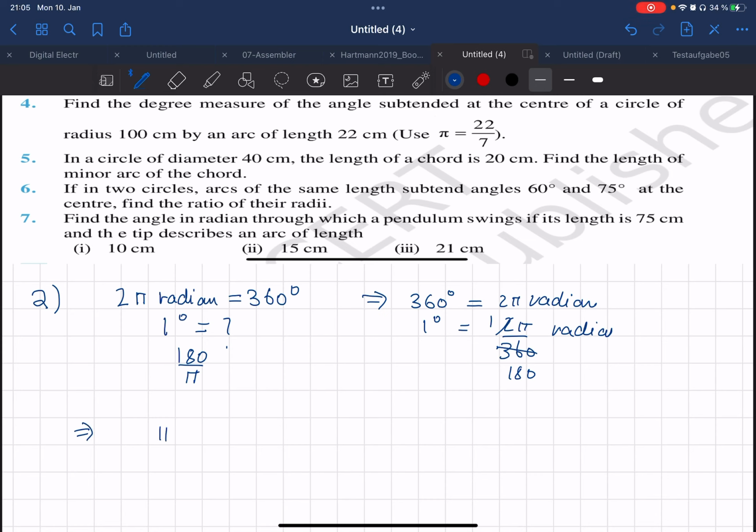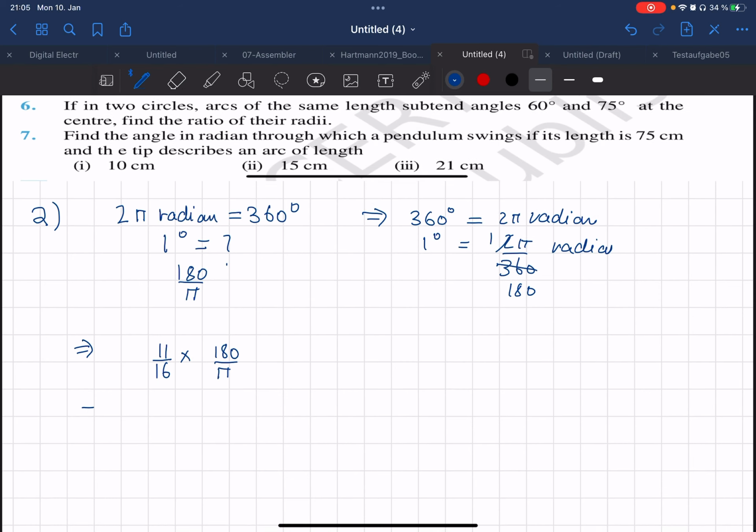So 11 upon 16 radian. I'll just multiply it by 180 upon pi, and then pi is 22 by 7, it's given to us. 11 on 16 into 180 into 7 upon 22.